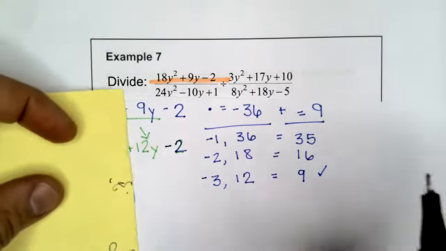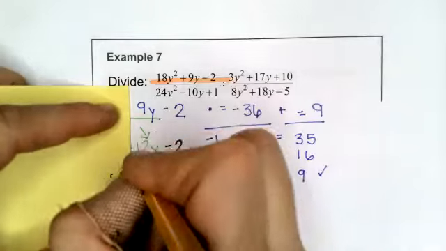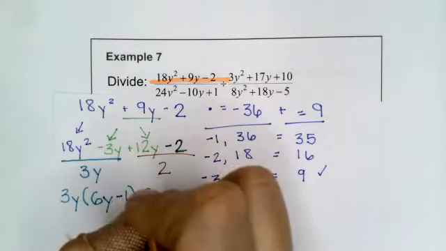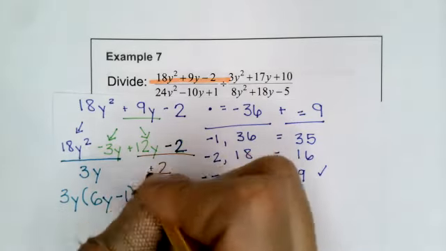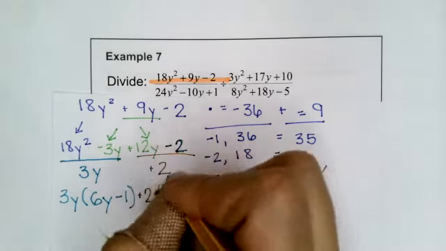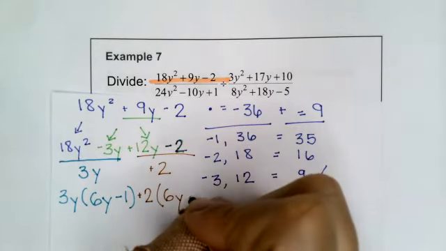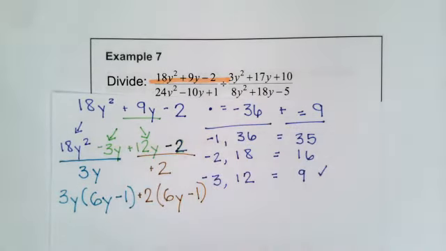It's a positive 12y and a negative 2. The only thing I can divide it by is 2. It's a positive here, so it's going to be a positive here and here. 12y divided by 2 is 6y. Negative 2 divided by positive 2 is a negative 1. Good.